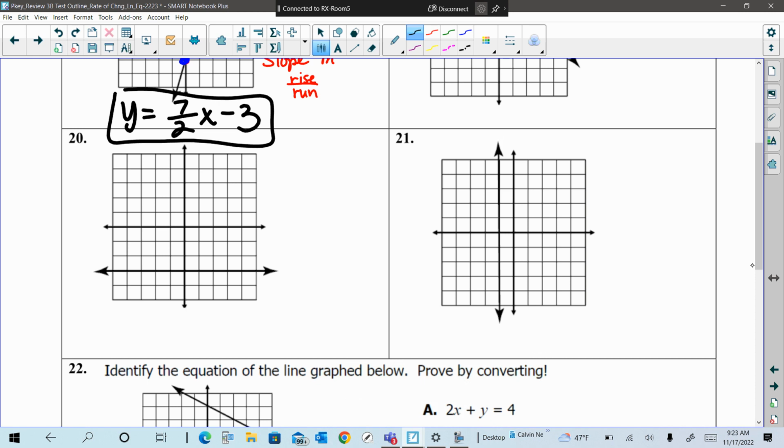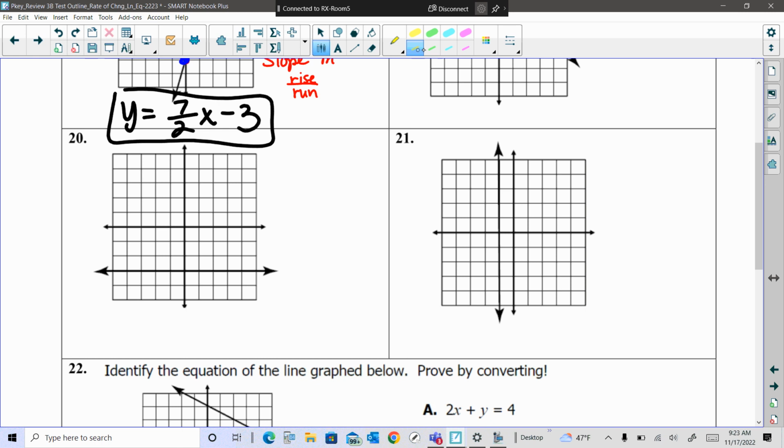All right, so number 20. We're writing the equation. If you're not too sure what line I'm focusing on for number 20, it is this horizontal line.